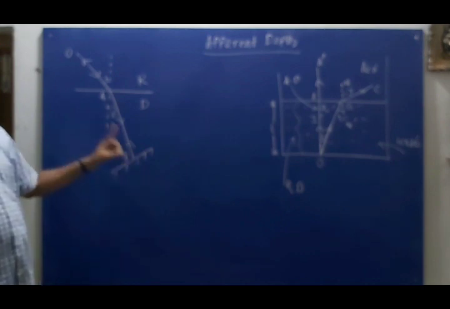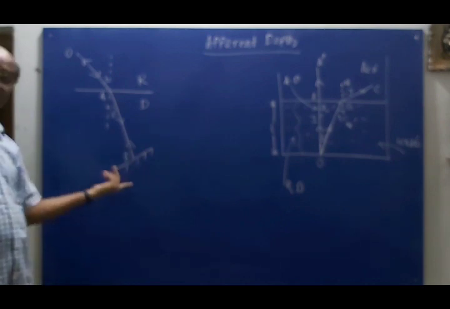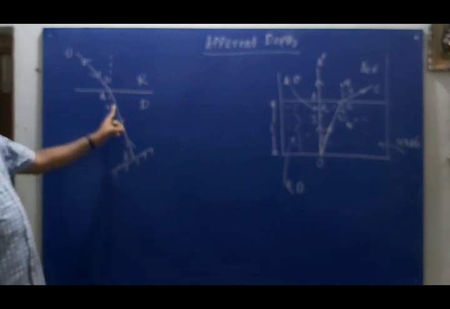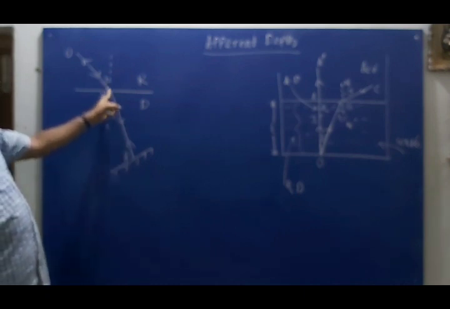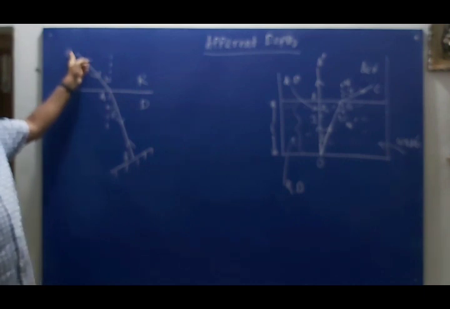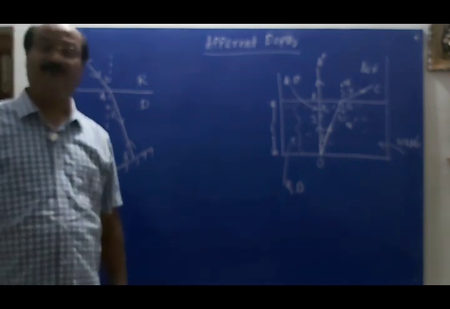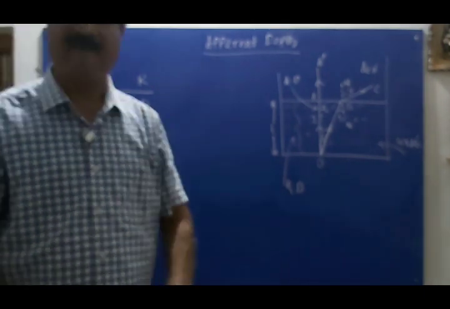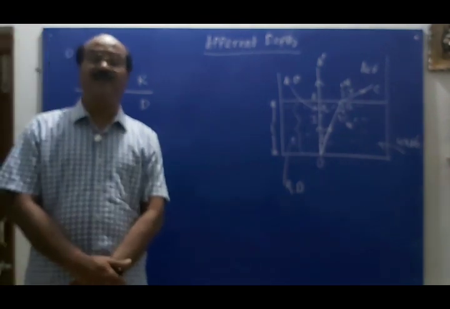Here angle of incidence is 0, so angle of refraction will also be 0. So the path the ray took going, the same path the ray takes coming back. It will return to only point O. So this is called the principle of reversibility of light. So what is principle of reversibility of light?